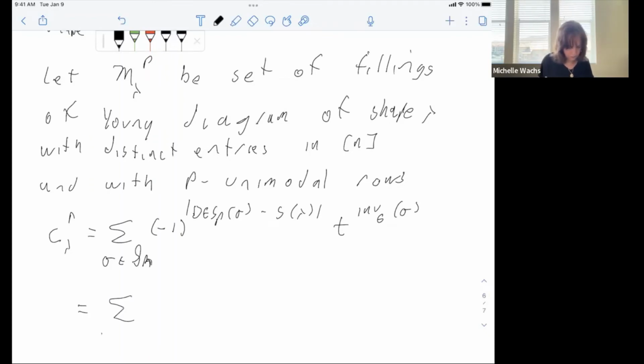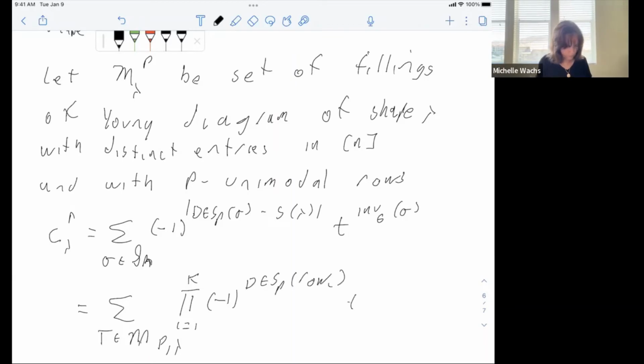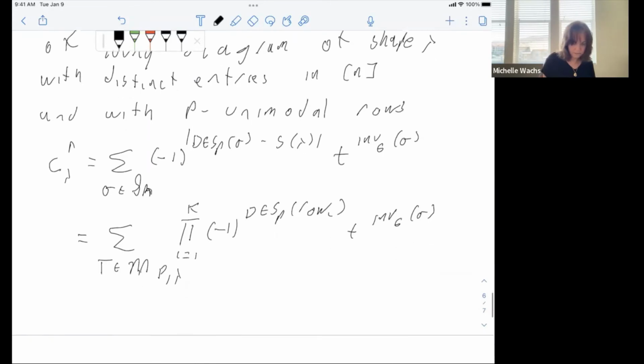And that we can replace by these T's in M lambda P. And then this becomes that.